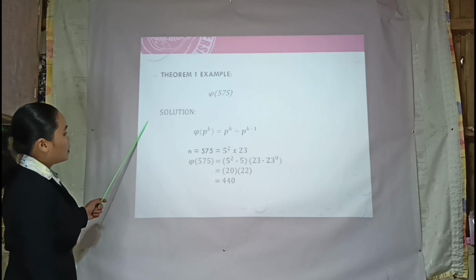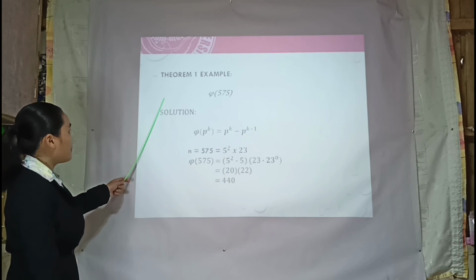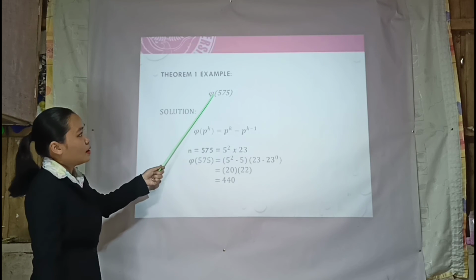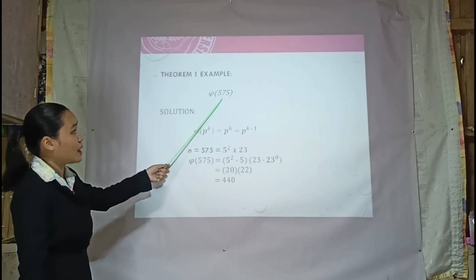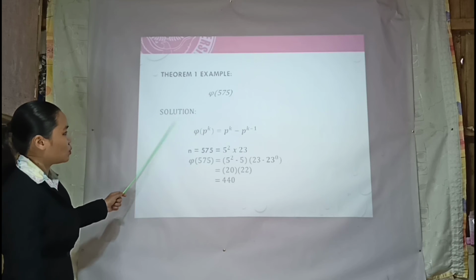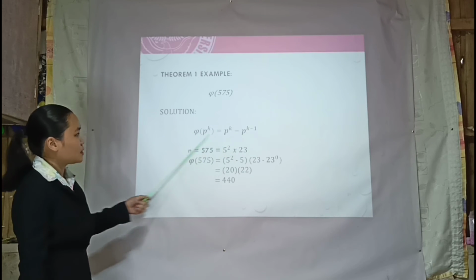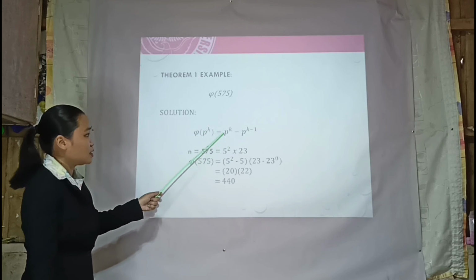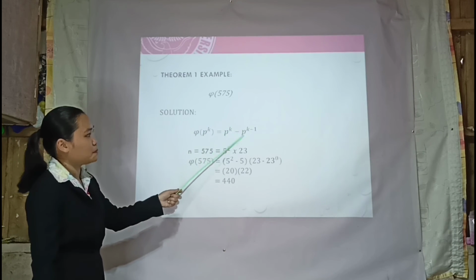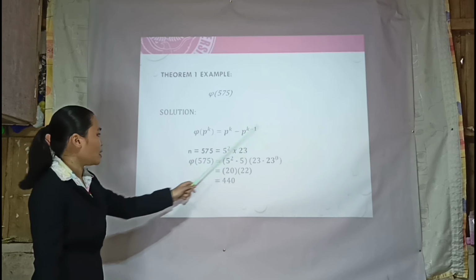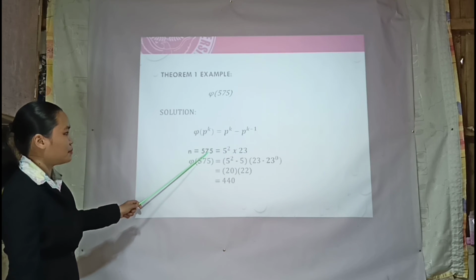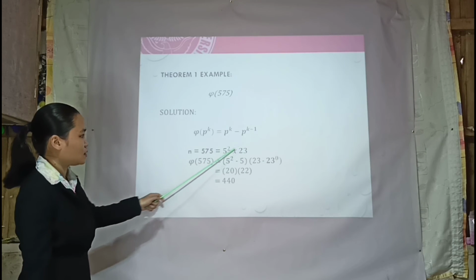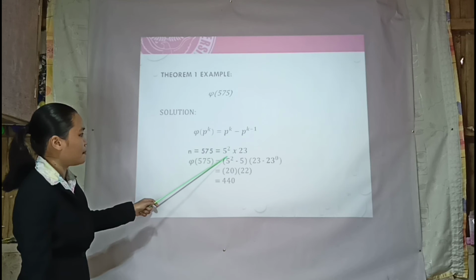Okay, very good. We have another example for theorem number 1. We have phi of 575. So, for the solution, we will use the formula: phi of p raised to k is equal to p raised to k minus p raised to k minus 1. Since our n is 575, we have 5 squared times 23. This is the factorization of 575.